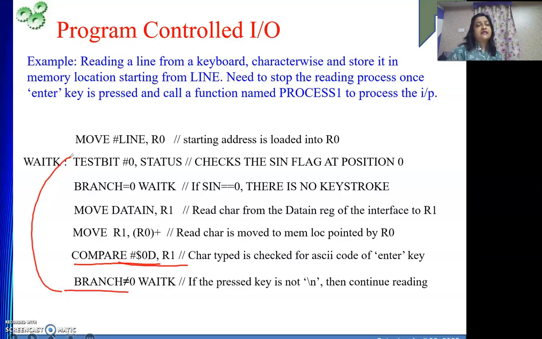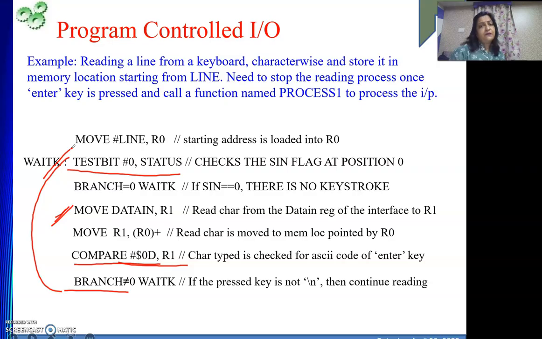To read the next character, I should wait till I press the keystroke. So I need to see whether there is a keystroke. Again, I will check the status register's last bit, that is the LSB, least significant bit. If it is 0, I have to wait. If it is 1, I will perform the operation. So see, branch not equal to 0, then only go here.